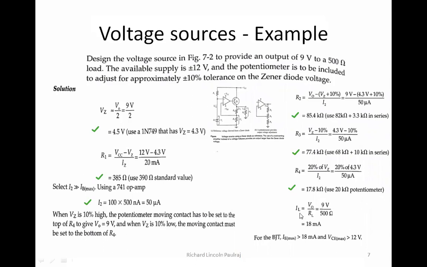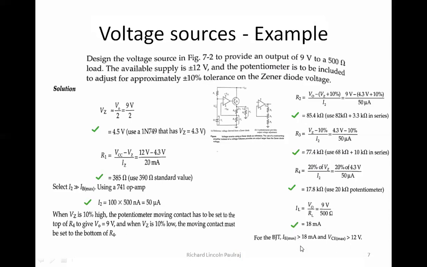Now the load, V0 by RL. V0 we have already seen is about 9 volts, which is given in the question, 9 divided by RL, and my RL is 500. So we should be getting about 18 milliamps.